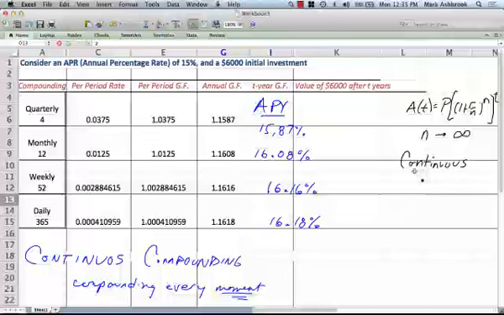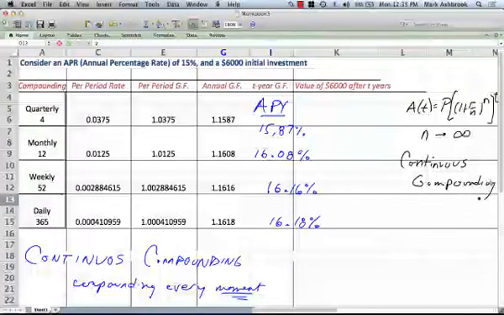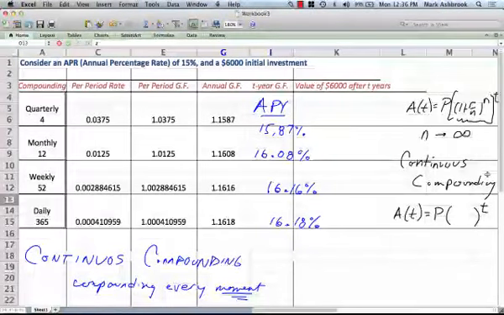For continuous compounding, our initial amount stays the same, and T stays the same, but something's different here. This (1 plus R over N) to the N is problematic if N is going to infinity. You can't divide by infinity, you can't raise something to the infinity.